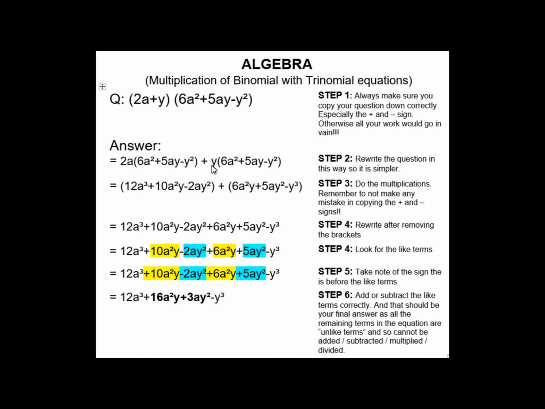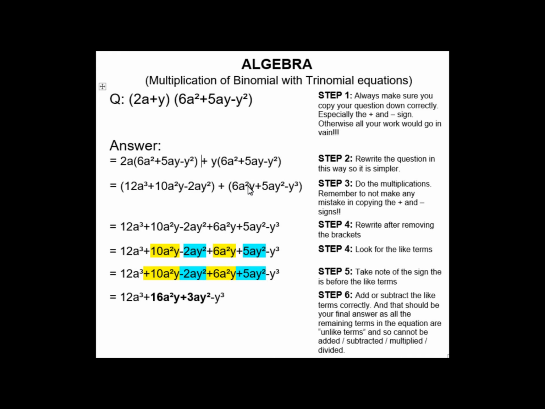And now you have to multiply y again with each of the terms in this trinomial. Multiplying y with 6a square, we get 6a square y, plus y by 5ay would give you 5ay square, and again the minus sign, y by y square would give you y cube.